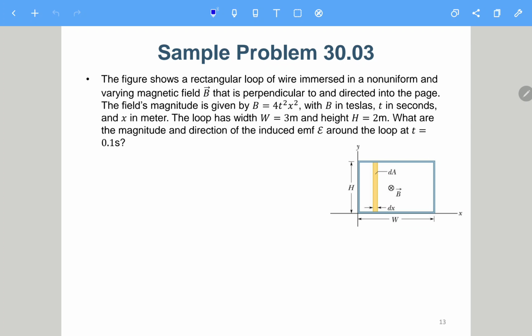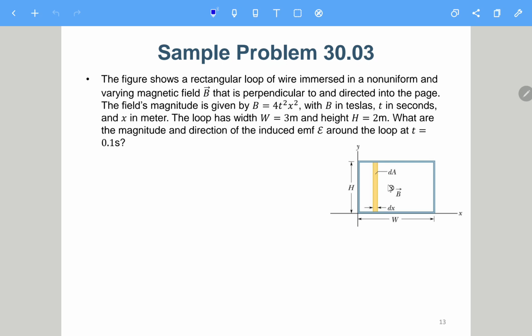Next we have another sample problem. Here we need some integration. It says the figure shows a rectangular loop of a wire immersed in a non-uniform and varying magnetic field B that is perpendicular to and directed into the page.